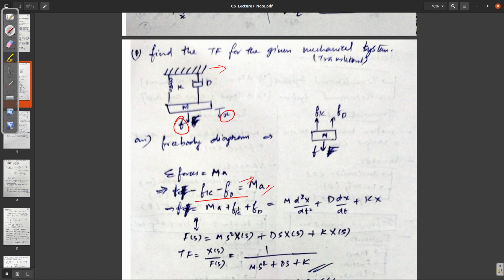So we have F equal to m d squared x by dt squared plus d dx by dt plus kx. We are taking the Laplace transform. So we have F of s equal to m s squared X of s plus d s X of s plus k X of s. Therefore, the transfer function is X of s by F of s equal to, cross multiplying, 1 by m s squared plus d s plus k.